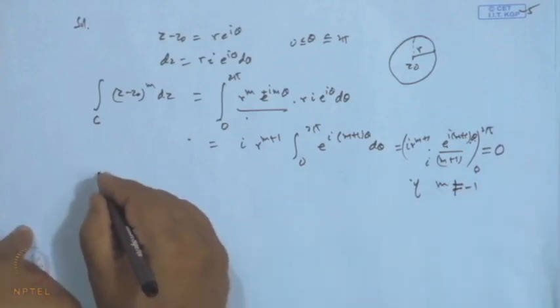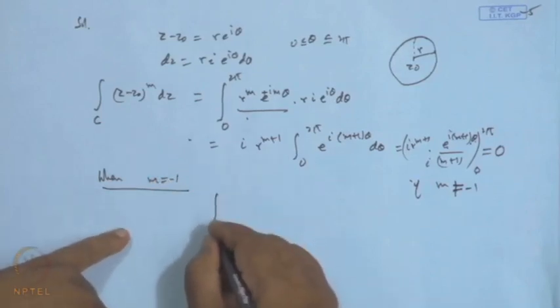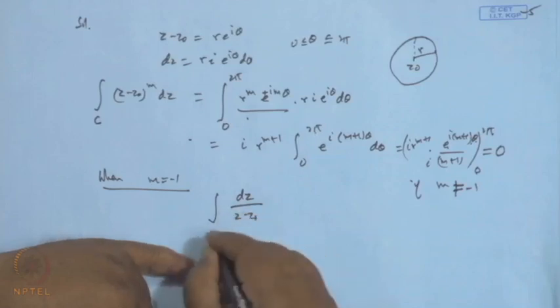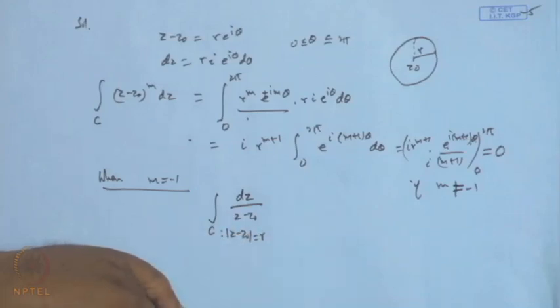But when m is minus 1, then we have to evaluate this integral separately, and we get the integral of 1 over z minus z naught along the path C, where C is this circle, mod z minus z naught equals r. Okay.